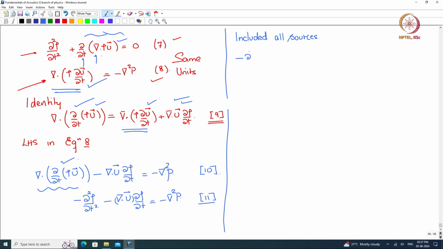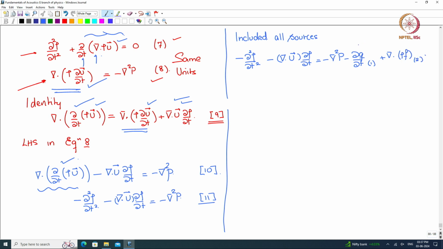It would be nice to know, because you will have sources at some point: minus del dot u del rho by del t is equal to minus del square p minus del q by del t plus del dot of rho f.